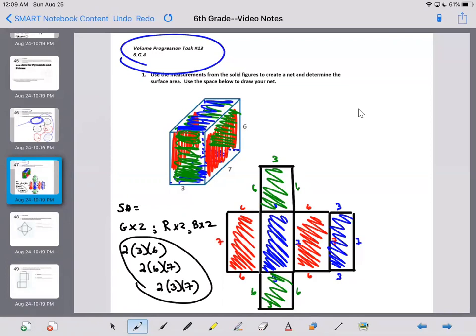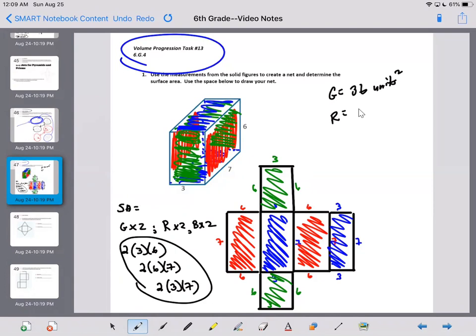So with the green, you have 18 times 2, because the green is a 3 by 6, so 18 is the square units, but I've got to double it. So that's going to give me 36 square units. Red, there's 2 of the reds, and they're 6 by 7, which is 42, but I've got to double it.